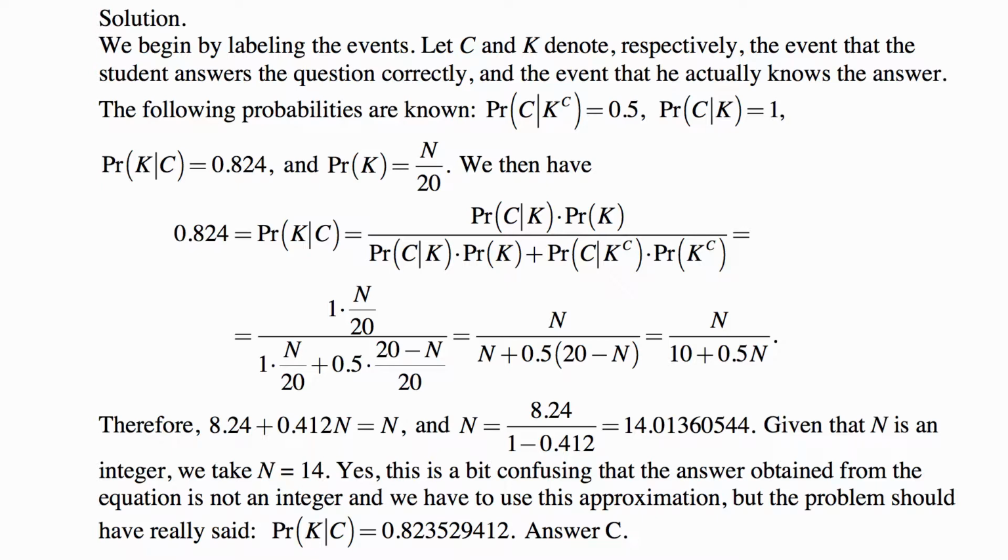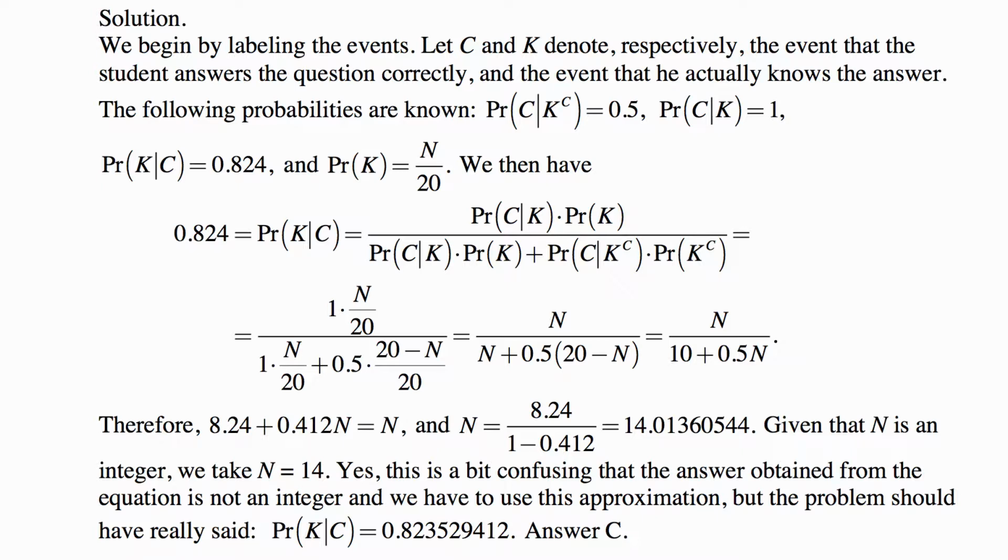And then we can write that conditional probability of K given C, which is 0.824, as the probability of C given K times the probability of K, divided by the probability of C given K times the probability of K plus the probability of C given KC times the probability of K complement, with KC standing for K complement.